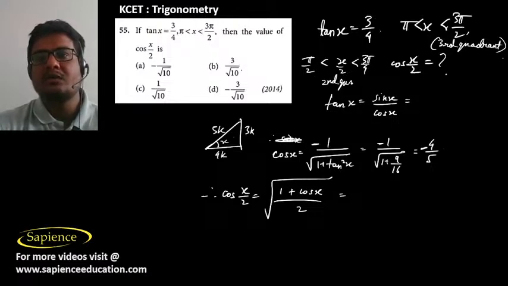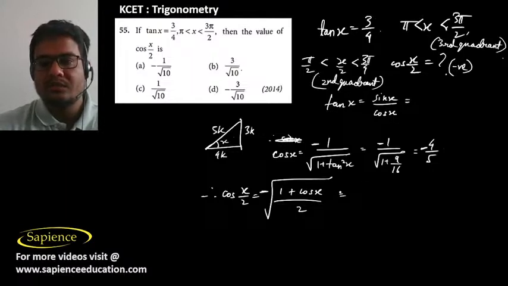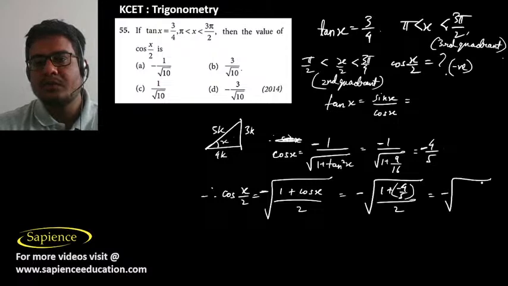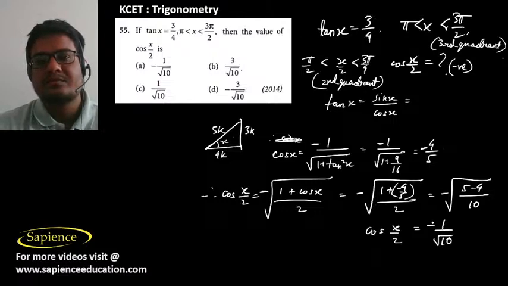So in second quadrant also cos is having negative value, so the answer should come negative. So here I should write it is equal to minus of this. So this is minus of square root of 1 plus minus 4 by 5 by 2. So this is minus of square root of 5 minus 4 by 10. So that is minus 1 by root 10. So this is cos x by 2. So option A is the correct answer.